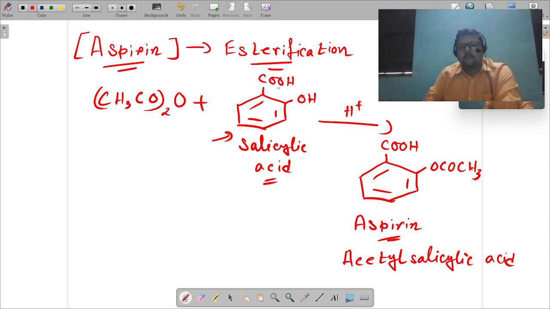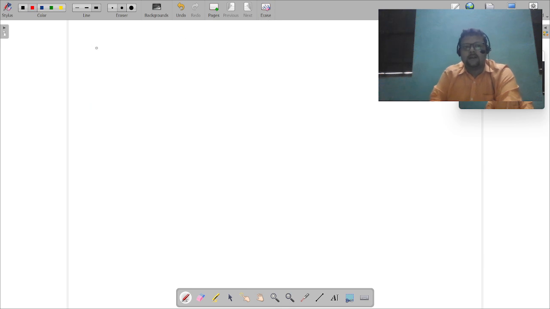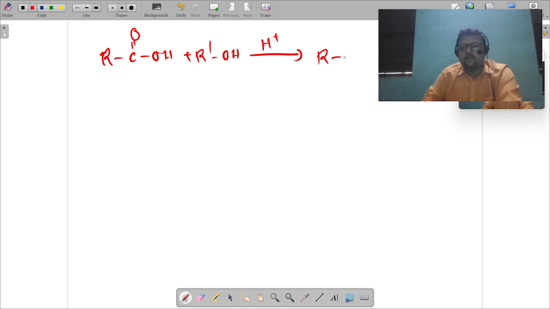Now, at the beginning, I told you that this esterification reaction is a reversible one. Reversible means the products can also form the reactants back. So let's assume that we have a carboxylic acid and an alcohol, and we have applied a trace amount of acid to give us an ester.